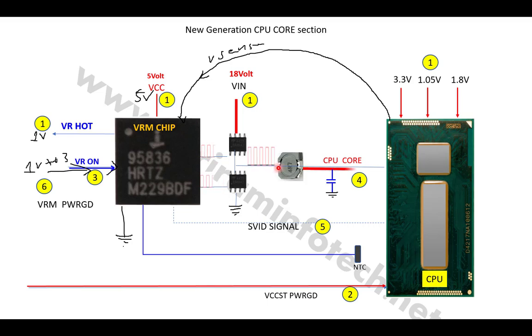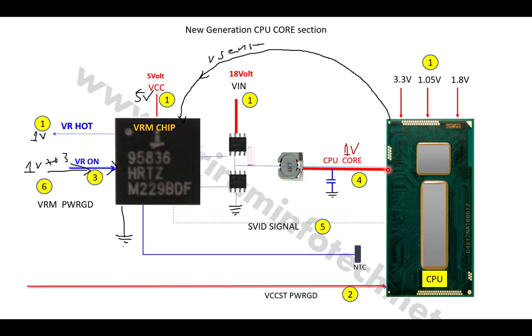That DC current goes to the capacitor, is filtered by this capacitor, and this voltage goes to the CPU, and it is supposed to be approximately 1 volt. So the output voltage, somewhere around 1 volt, is going to the CPU. So the CPU gets the power, then the CPU starts functioning.